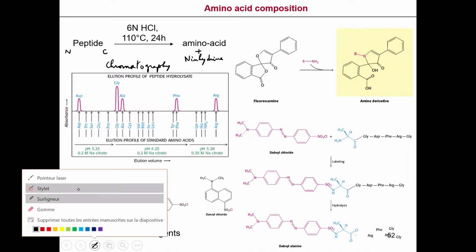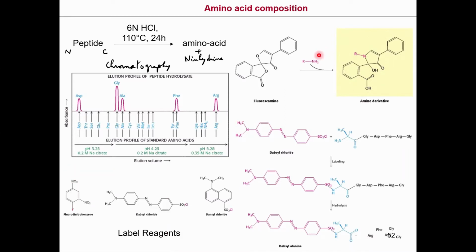So when a peptide, with an amine group, reacts with some dye, for example fluoroamine, we obtain an amine derivative which can be analyzed. So for example, with the dansyl fluoride here, this is a dye.